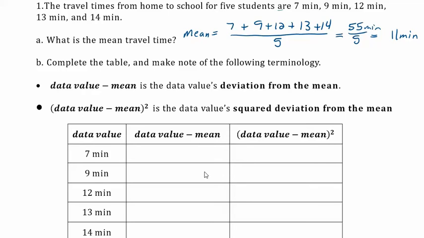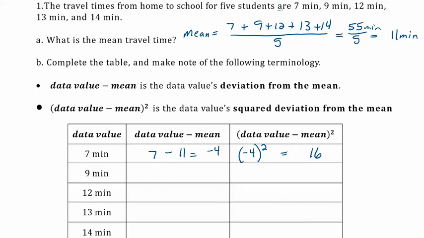For each data value, we've got our 7 minutes. I'm not going to write minutes. We take 7 minus the mean, which was 11. That gives us -4. Then we take that value of -4 and square it, and we get 16.